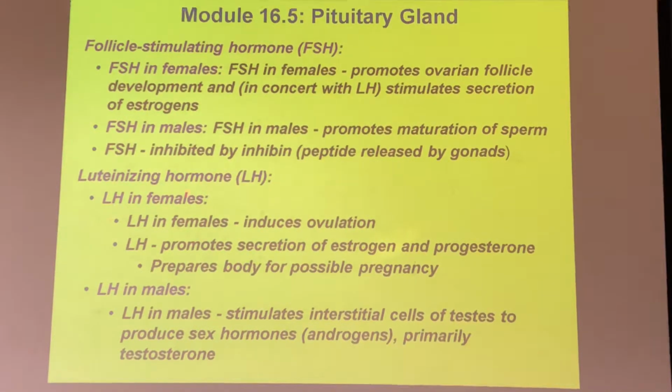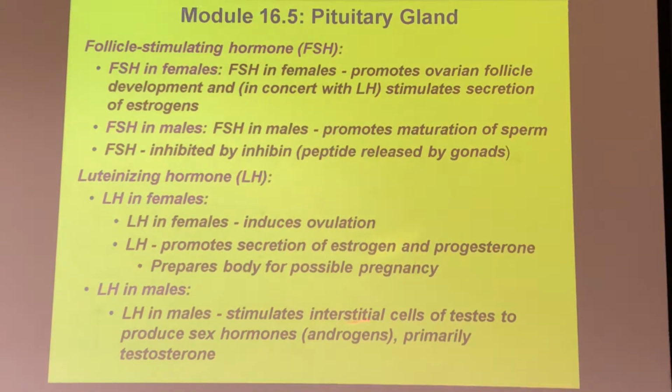Luteinizing hormone in females induces ovulation, and you will be doing this in the development chapter. Luteinizing hormone promotes secretion of estrogen and progesterone, and these hormones prepare the body for possible pregnancy. LH in males stimulates the interstitial cells of the testes.